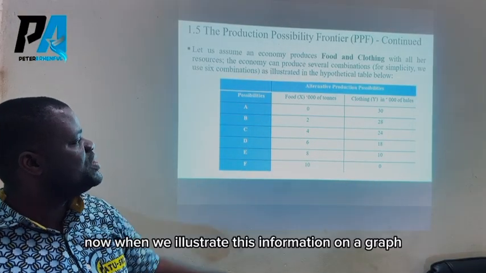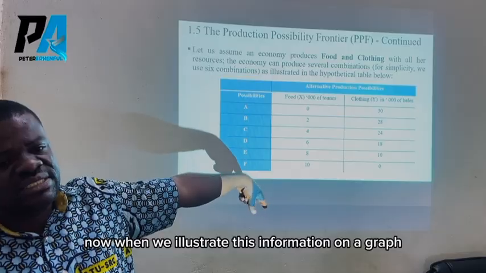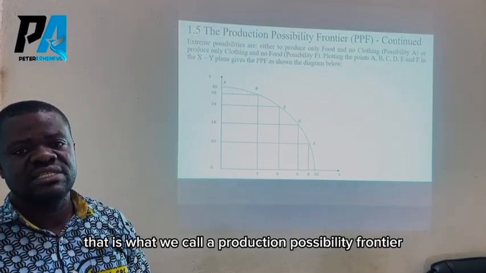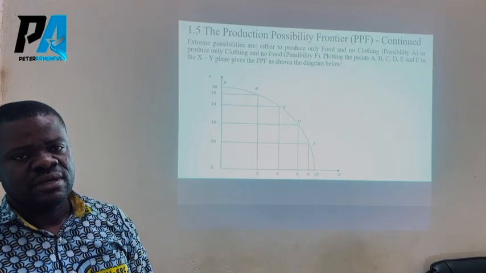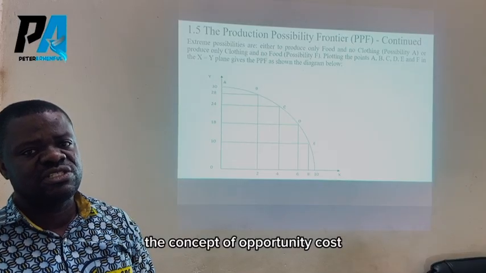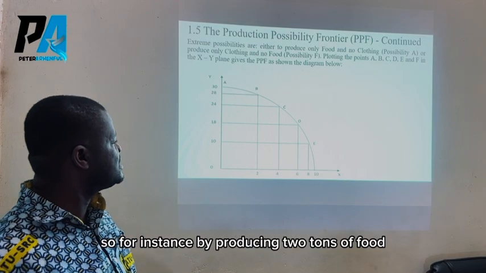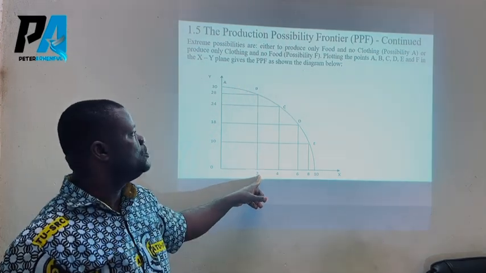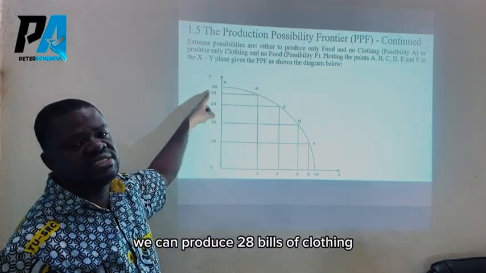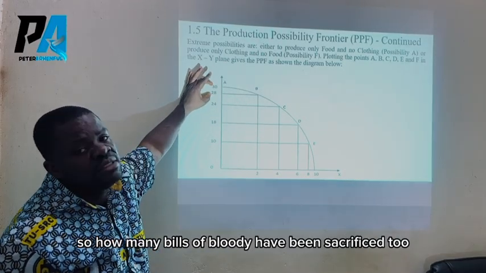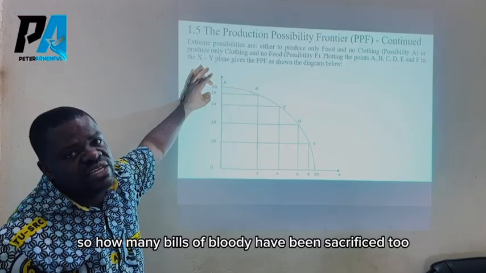Now, when we illustrate this information on a graph, that is what we call the Production Possibility Frontier. And we use this to analyze the concept of opportunity cost. So for instance, by producing 2 tons of food, we can produce 28 bales of clothing. So how many bales of clothing have we sacrificed? 2.